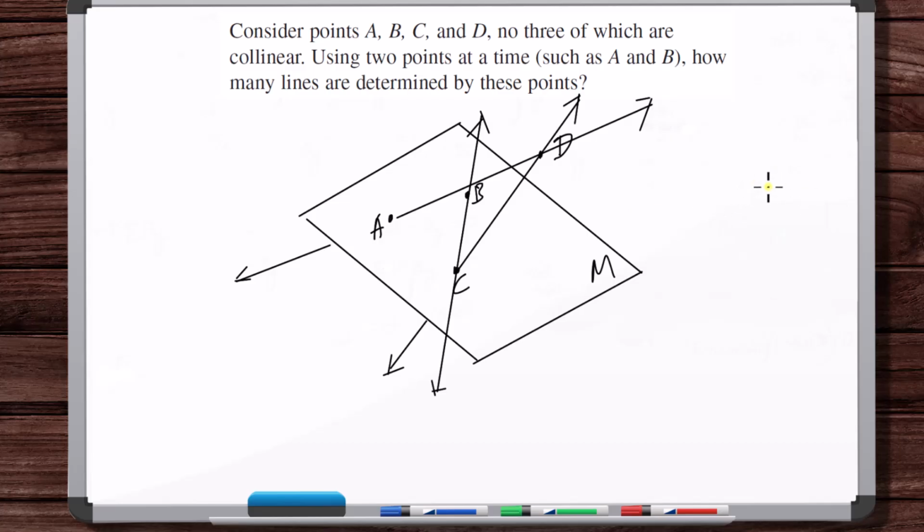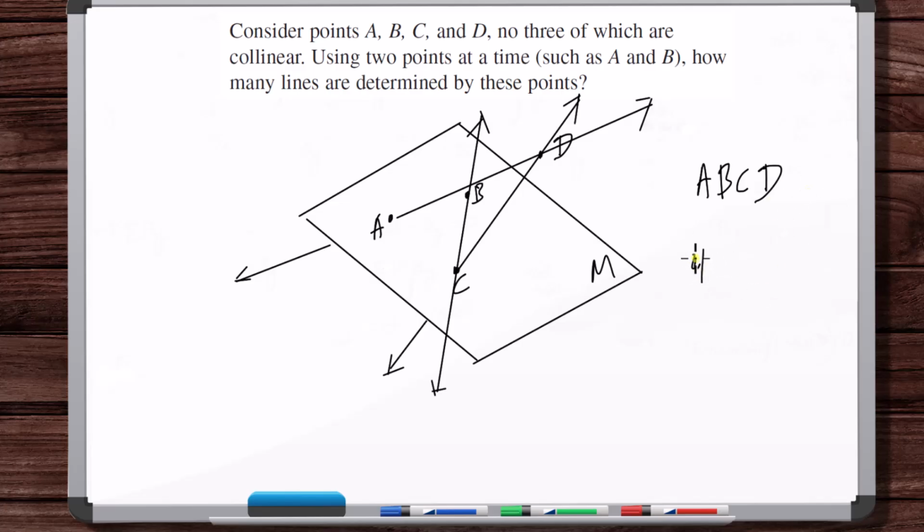So we've got A, B, C, and D, and we're trying to count how many ways we can choose 2 from this, but the order doesn't matter. In other words, we're not going to count AB and then count BA. If we were going to do that, we would use permutations, but we're going to instead use combinations.